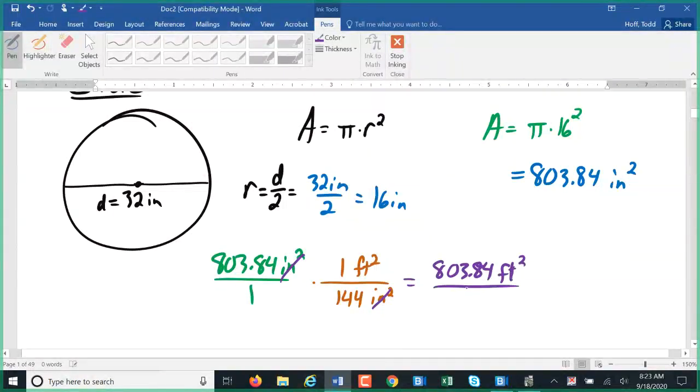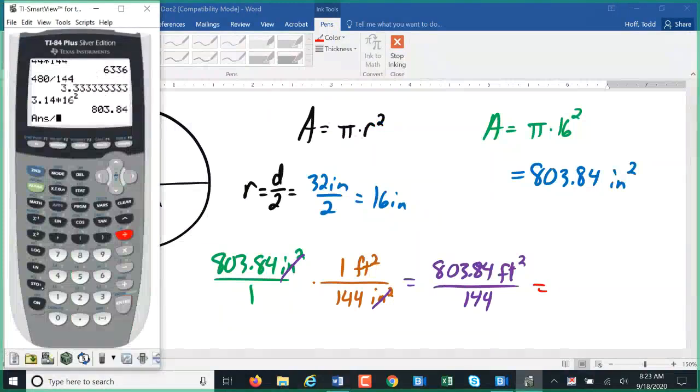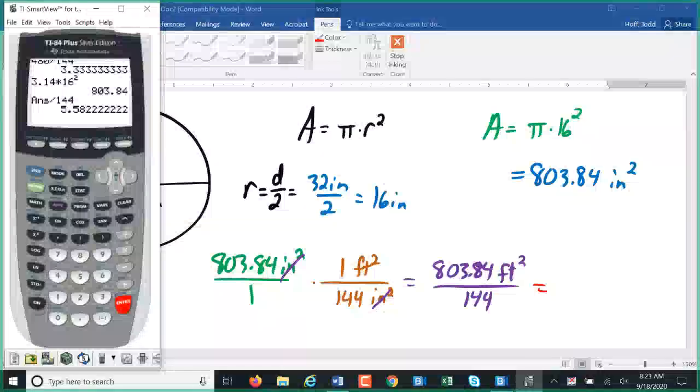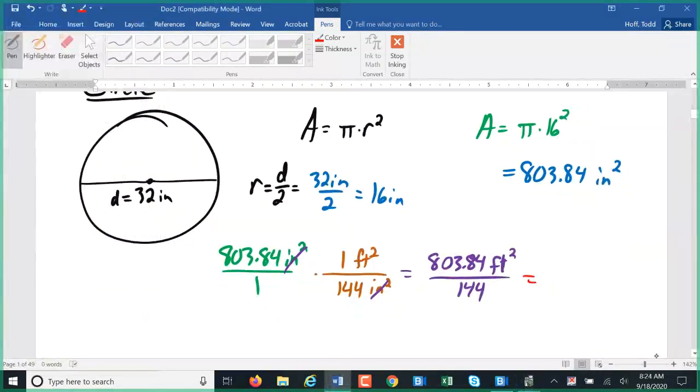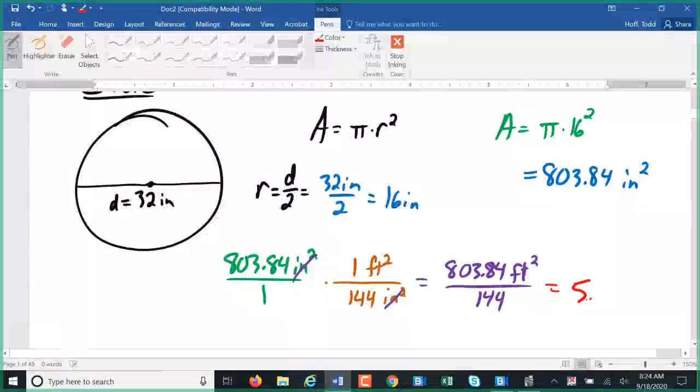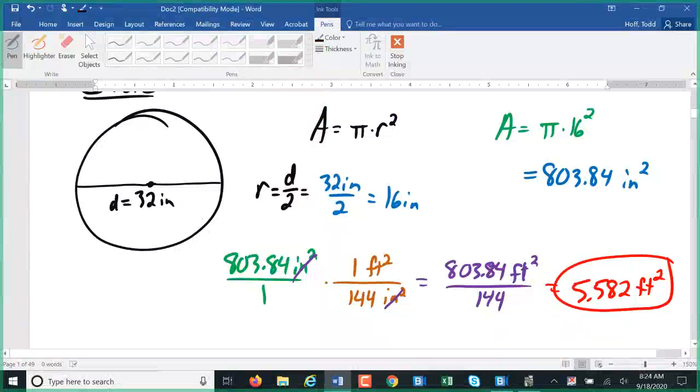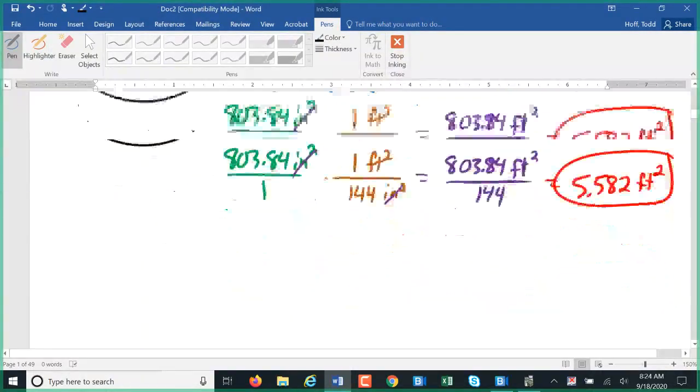On bottom, 1 times 144 is 144. And we divide that out. 803.84 divided by 144. We get only 5.582 square feet is all that is. So when you list something in square inches, you get this number that makes it seem like it's huge, but it really isn't.